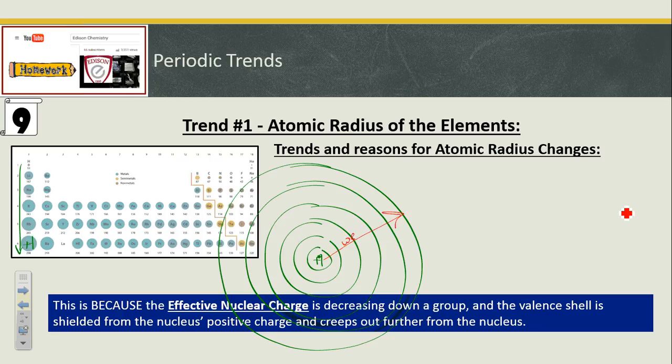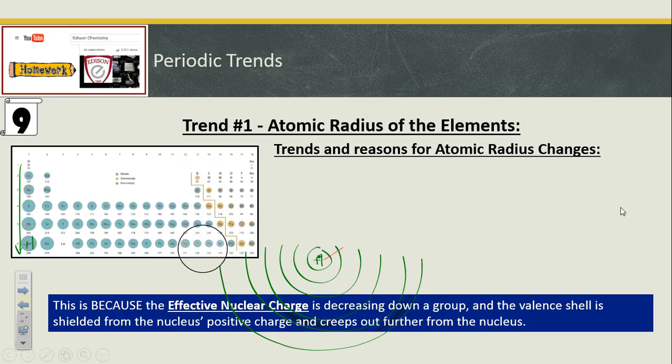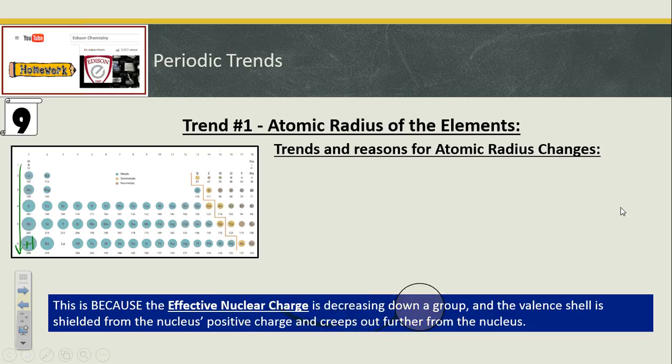So this would be a very weak interaction. And therefore, the atom's electrons spread out and they creep out further and further and further from the nucleus as you go down a group. Because remember, the effective nuclear charge decreases down a group because there's more shells of electrons that we're adding on.